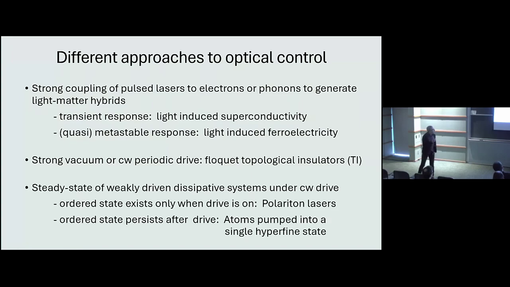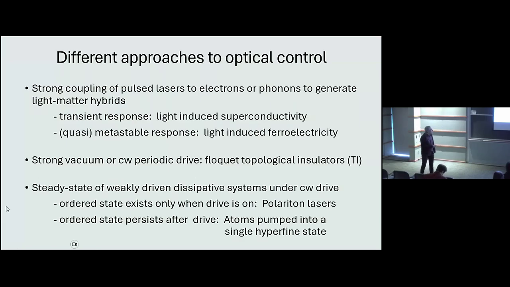Now, there is actually another way of controlling quantum systems, and that would be, again in the spirit of what Sebastian was talking about, to consider the steady state of weakly driven dissipative systems, and this could be under a continuous wave drive.